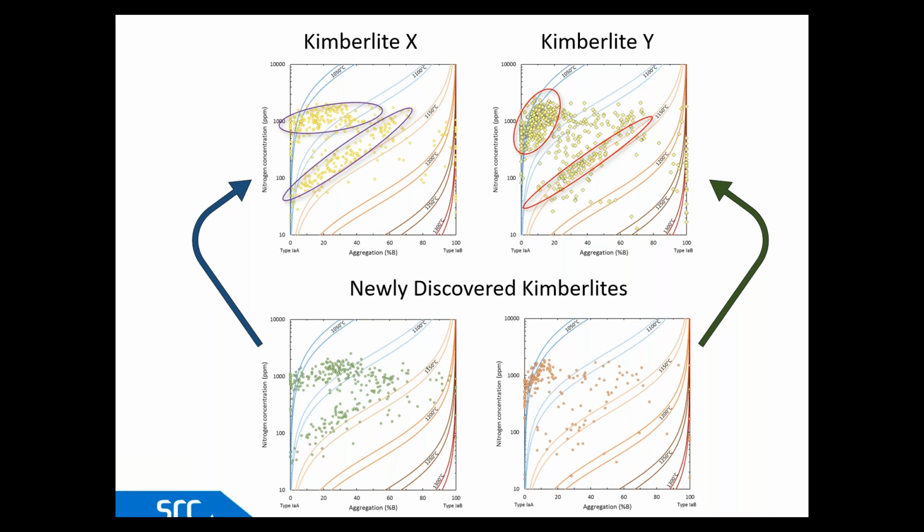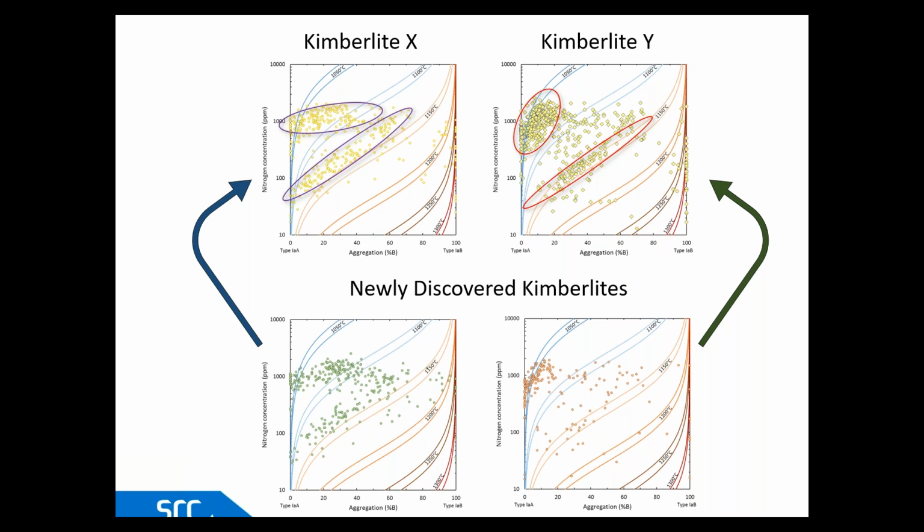So if we're looking at newly discovered kimberlites, on the bottom we have a kimberlite with some green data, which looks quite similar to kimberlite X. On the bottom on the right we have diamond data which, although it's not a lot, does look like it has more similarities to kimberlite Y. Now obviously in exploration you don't have the cluster and the amount of data that you'd have if you're going more into producing a mine. But what we can say is possibly the kimberlite with the orange data may have larger diamonds, and maybe this is what you're looking for.